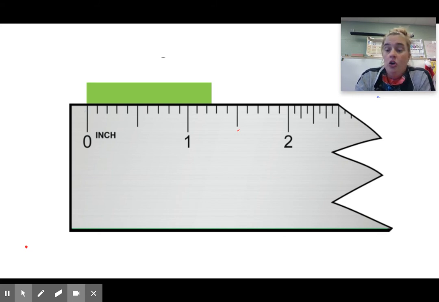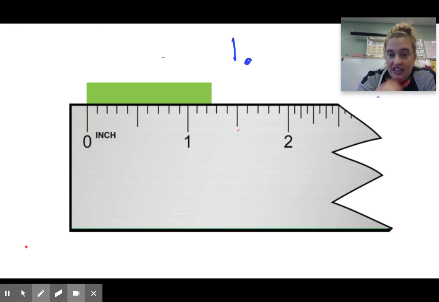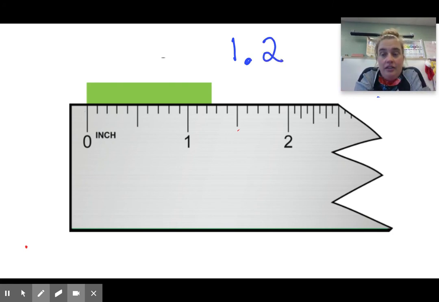Here, we know my measurement is definitely 1. So we are certain it's 1 point, and my tick lines are 0.1, 0.2. We are absolutely certain that the length of this line is 1.2. Now that last number we estimate. So I'd probably say 1.25.